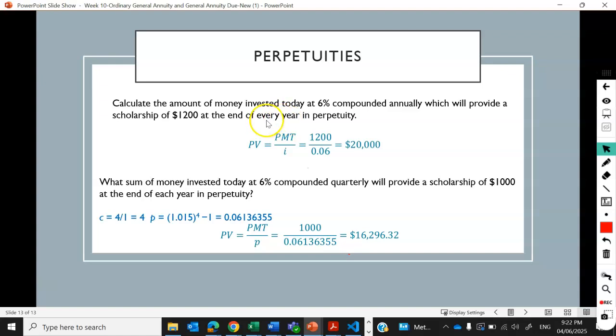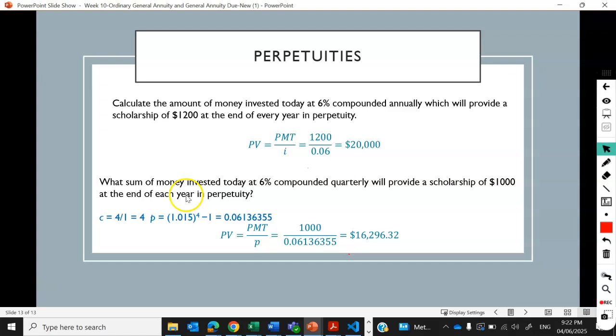Every year you are paying, and interest is also compounded annually. These two are the same and the payments are done at the end. Therefore, it is an ordinary simple annuity, and because n is for an indefinite period, it is a perpetuity. So the present value, or the amount of investment, is PMT over I, which is equal to $20,000.